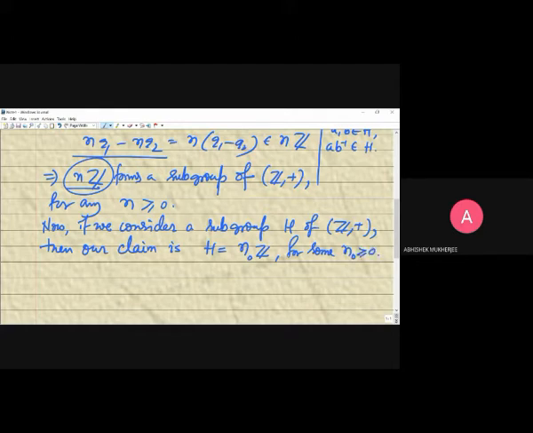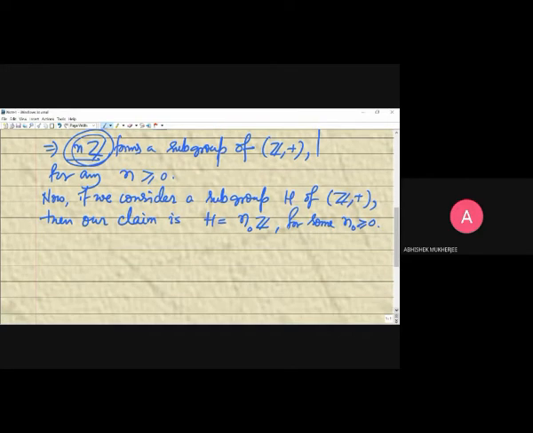In view of this, you can easily conclude that these are the only subgroups of Z plus for any n greater than or equal to 0.